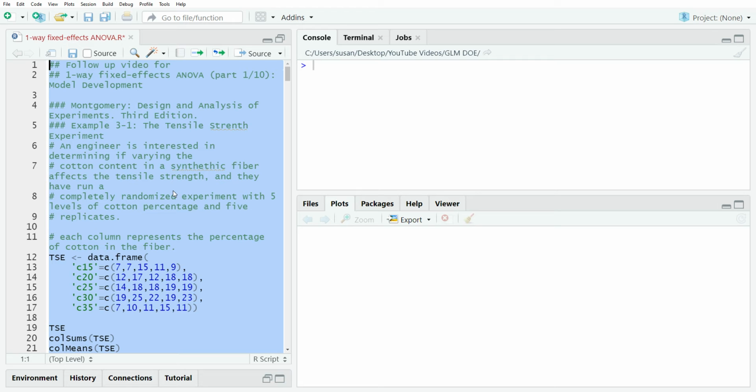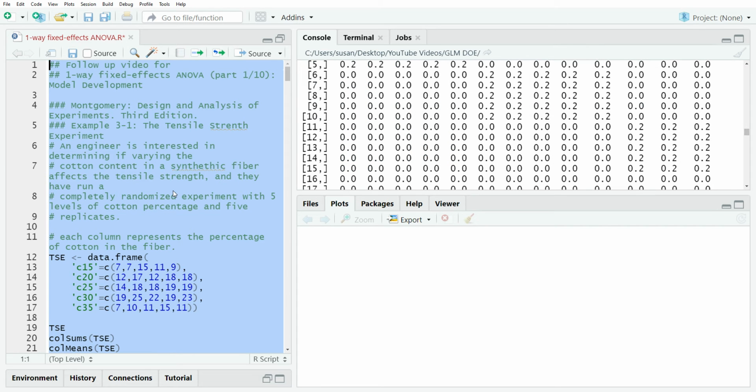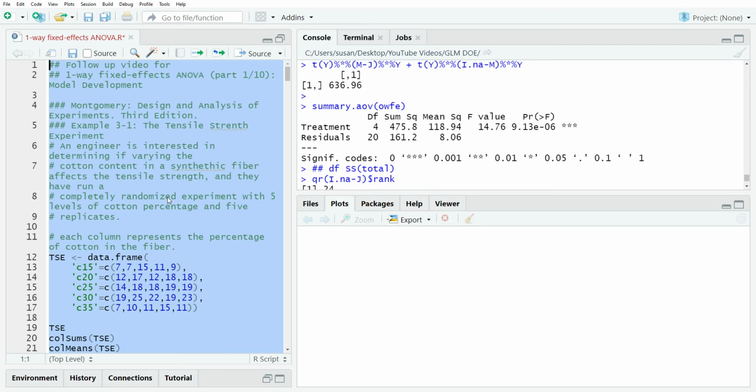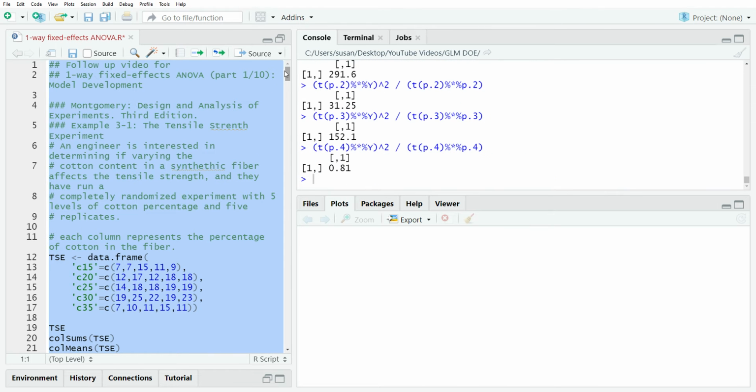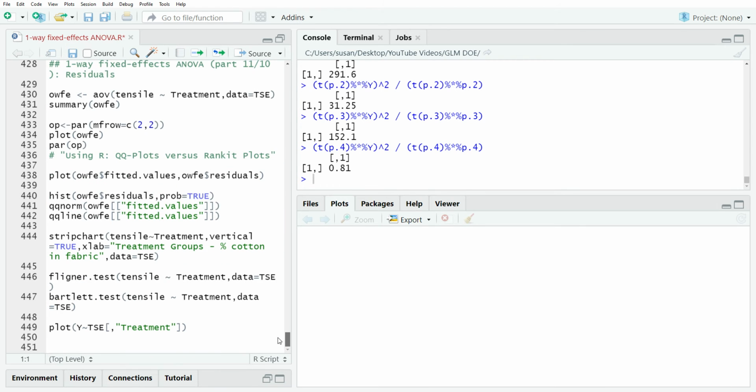So I need to load all the data into a data frame called TSE, stands for Tensile Strength Experiment. So I have access to that when we cover part 11 of 10. So it's going to go through and actually rerun everything that we've done in the first 10 parts.